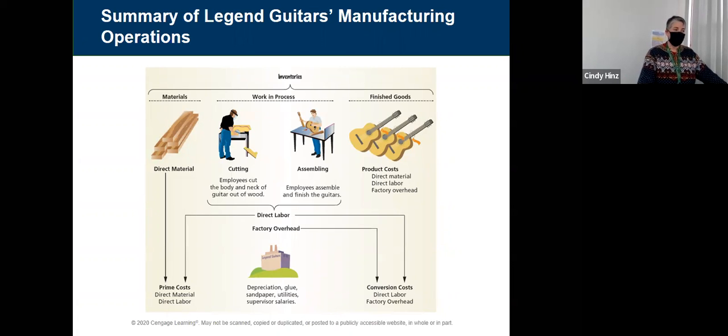Every product is still going to go from being raw materials to work in process to finished goods. Every product that we make is going to include direct labor and overhead along with those direct materials. It's not a question of which types of costs are included, but how those costs get assigned to the various products that we're making.